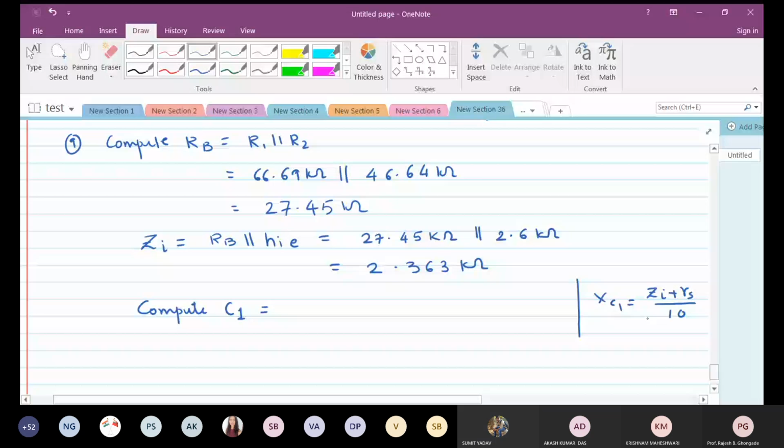Don't forget that. So I'll write down the formula directly: 1 by 2 pi F1 into (ZI plus RS), this entire thing divided by 10. Alright? Compute this.